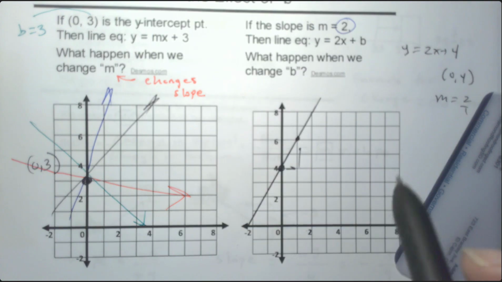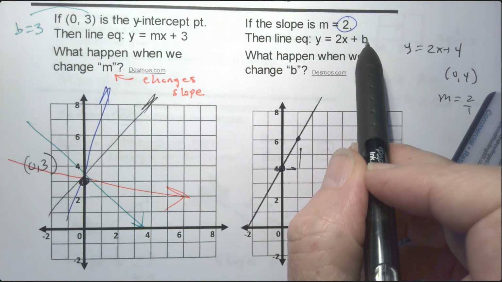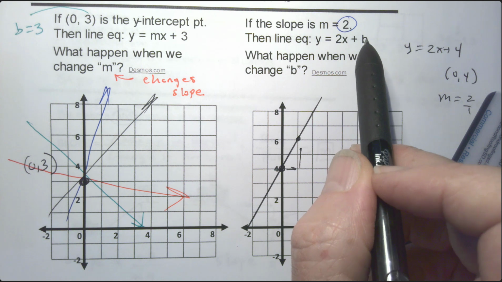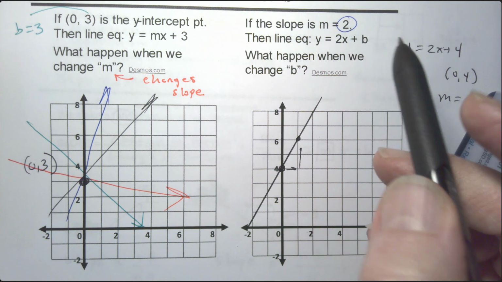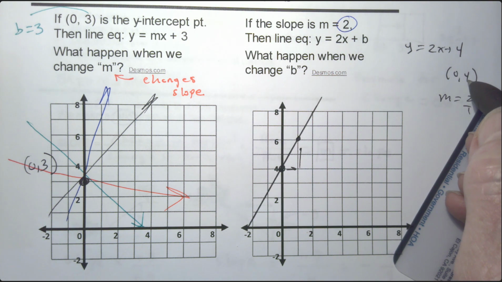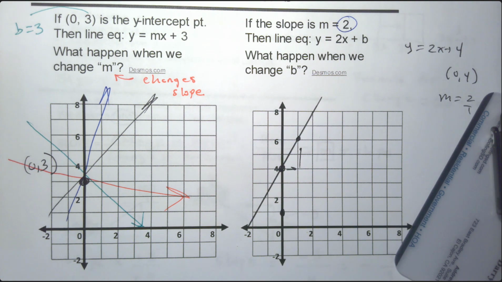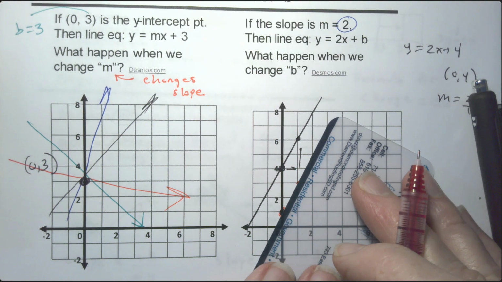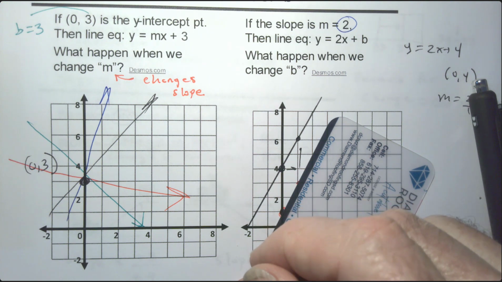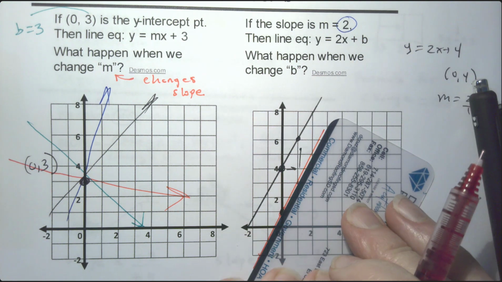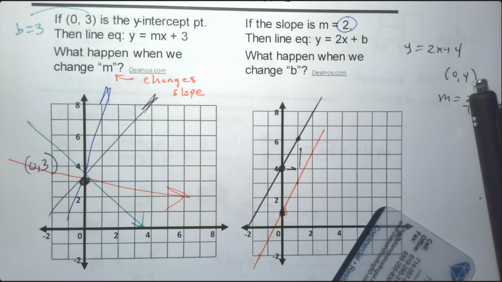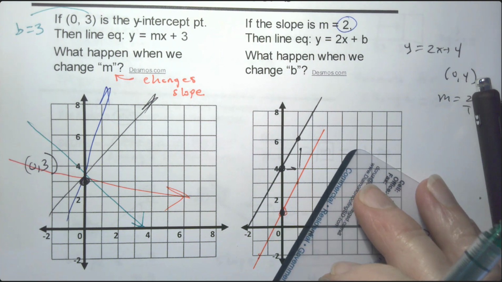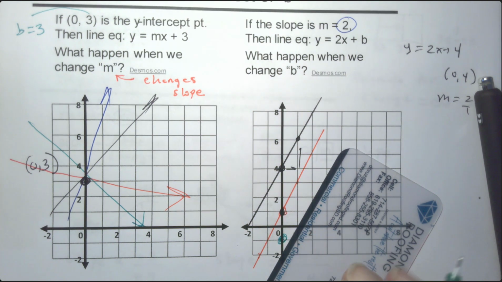Okay, now, if I change the b to be, let's say, 1, b is 1, that would be a y-intercept of 1 down here. Now, the slope is still 2, it has to go over 1, up 2, and it's going to have the same slope, but it hits a different y-intercept. And if I go down to -1, I'd be down here on my y-intercept.